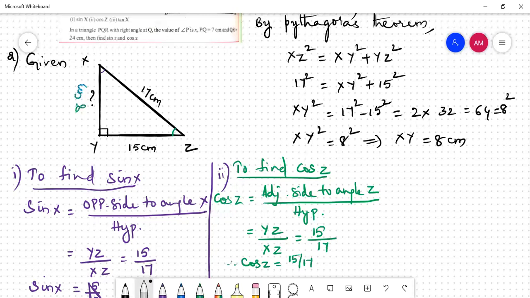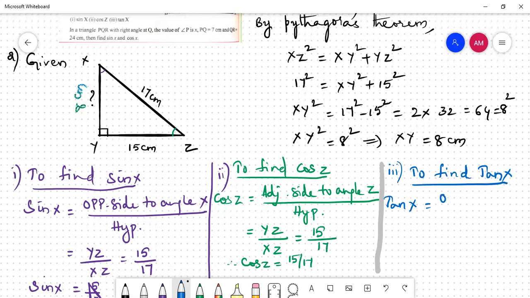So let us move to the third one, tan x. What's the formula for tan x? Opposite side to angle x by adjacent side to angle x. What is the opposite side to angle x? YZ. What is the adjacent side to angle x?